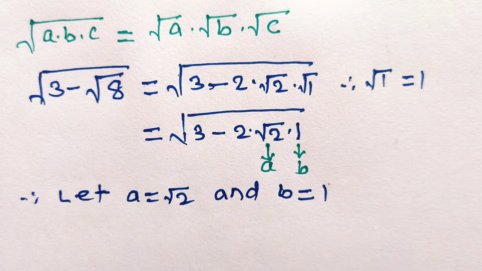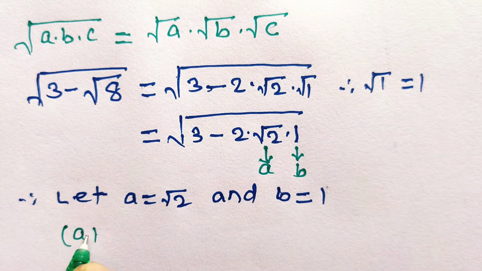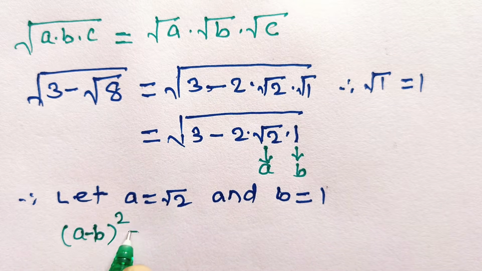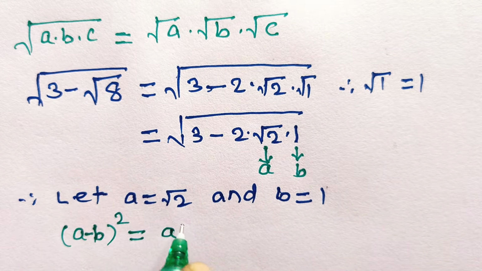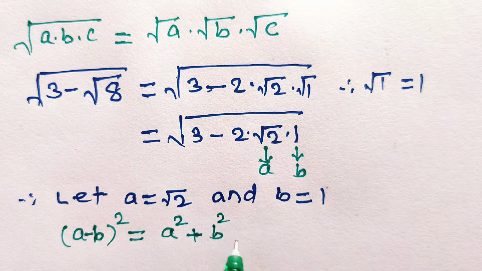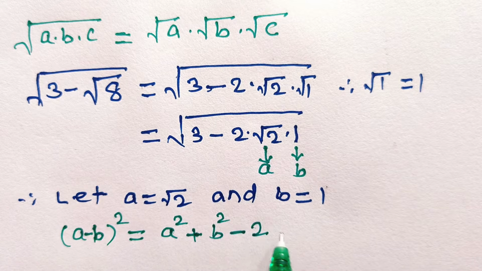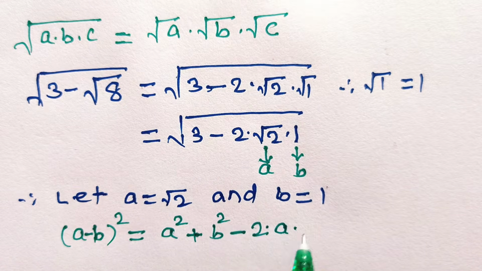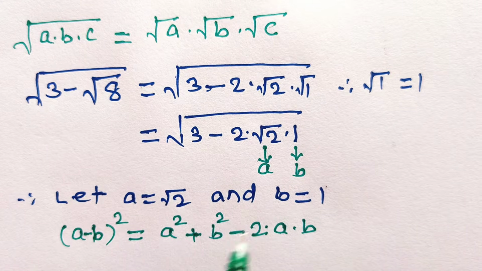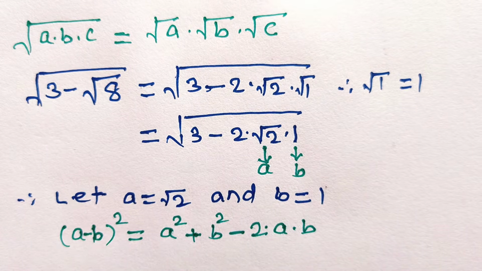Then we can apply expansion formula. (a minus b) square is equal to a square plus b square minus 2 into a into b. But a is square root of 2 and b is 1, replace here.